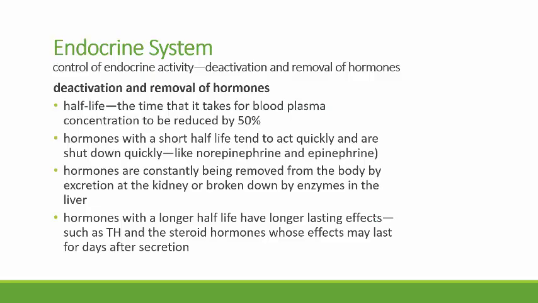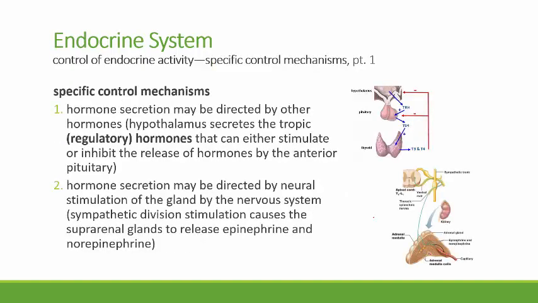So what are some specific control mechanisms? It could be that the hormone is released when another hormone binds at the cells of that endocrine gland. For instance, we talk about these, by the way, as the tropic or regulatory hormones of the body.